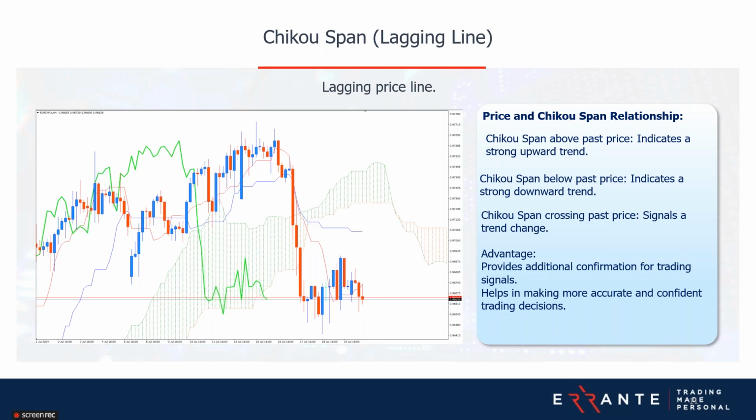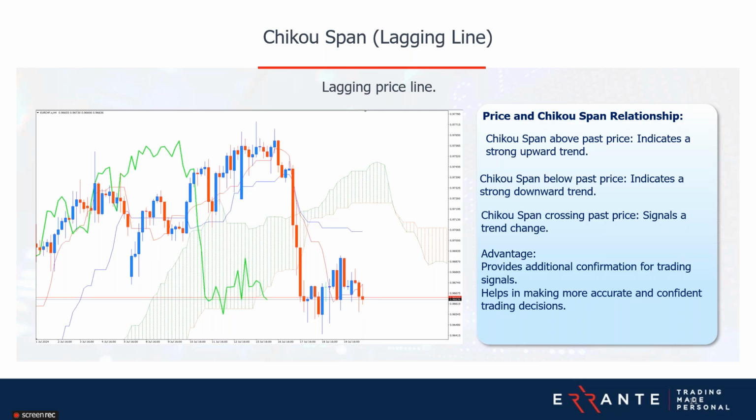And it's worth mentioning a lesser known aspect of Chikou Span: its use as a strong indicator for time analysis. Professional analysts and traders use Chikou Span to examine significant time points and determine key moments for market entry and exits.